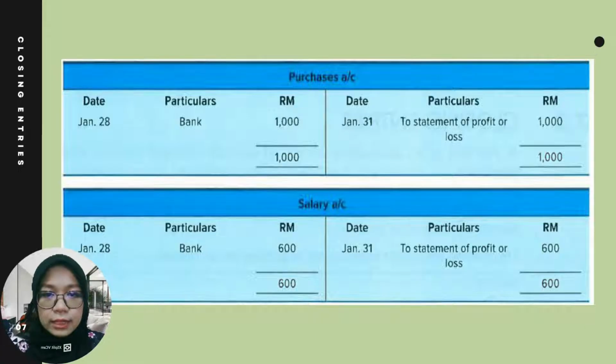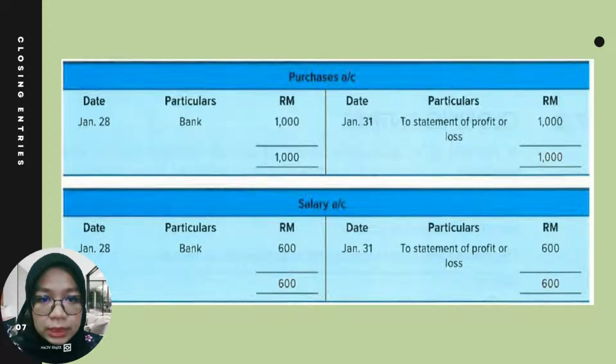So these are examples of expenses that should be closed off and then transferred to the statement of profit or loss in order to determine the net profit of the business for the year.